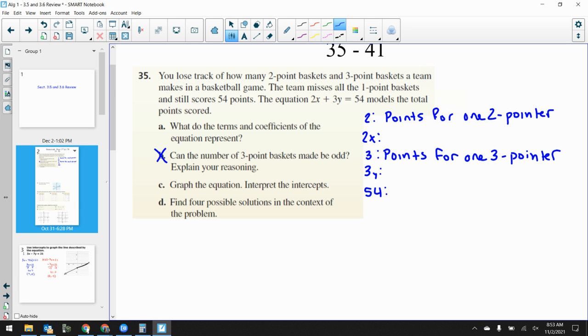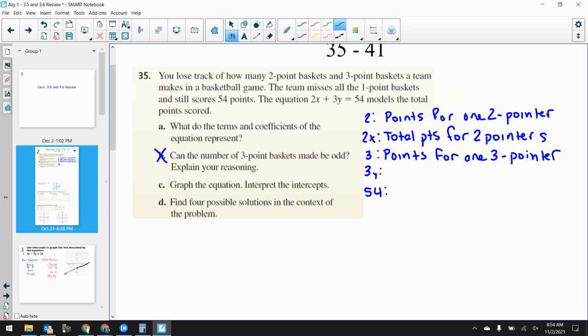Now, the difficult part here for me, in my opinion, is when we add the x into it. So, what does 2x represent? The number of points per 2-pointer made? Don't say per. Because this is the total points for your 2-pointers. Right?